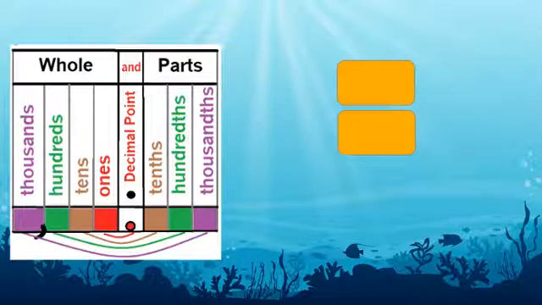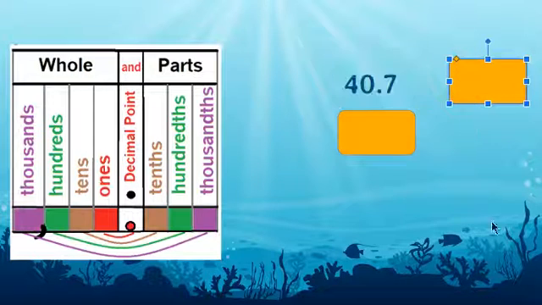Going forward, I'd like you to go ahead and try to read aloud this decimal for me. How would you read this number? Go ahead and say it aloud or say it in your head if you need to. That's right, we're dealing with 40 and 7/10. So if you did not get that, go ahead and repeat 40 and 7/10.